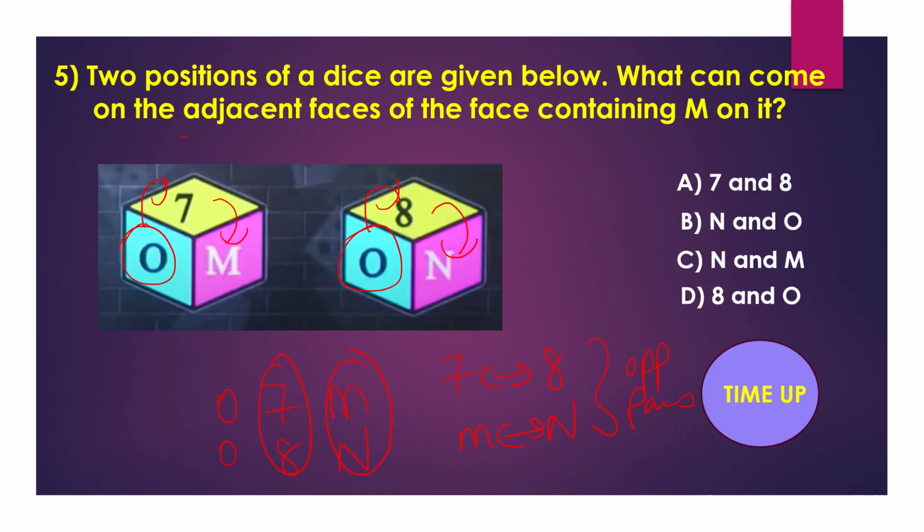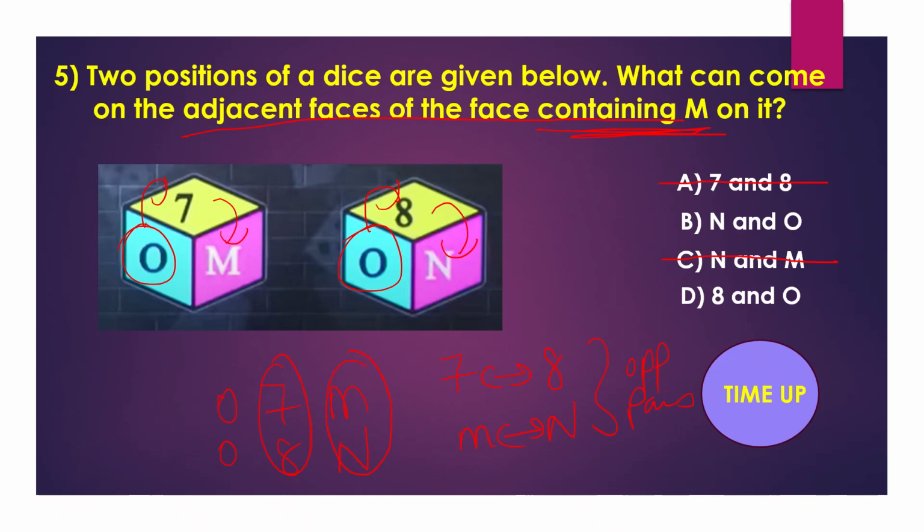But what is asked? The adjacent faces of the face containing M is asked. So M and N, you can clearly delete option C. Then 7 and 8, clearly you can delete option A. N and O, if the question was what is the adjacent face of the face containing 8 on it, then option B would be correct.